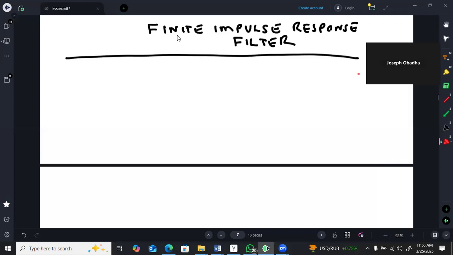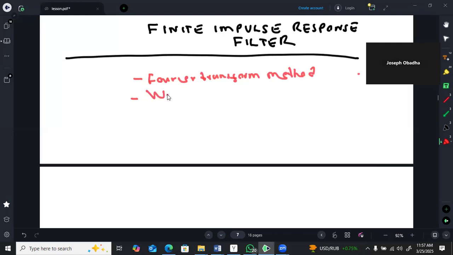We saw that we have quite a number of methods that can be used to design the FIR filter, which included the Fourier transform method. We discussed the Fourier transform method of designing the filters.